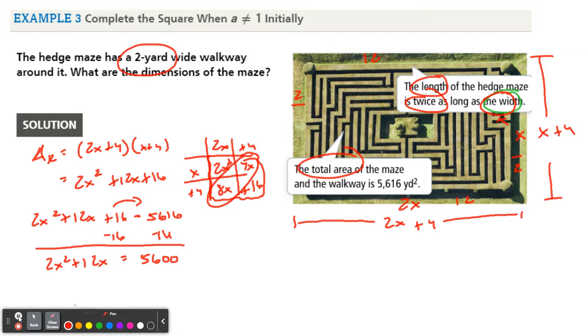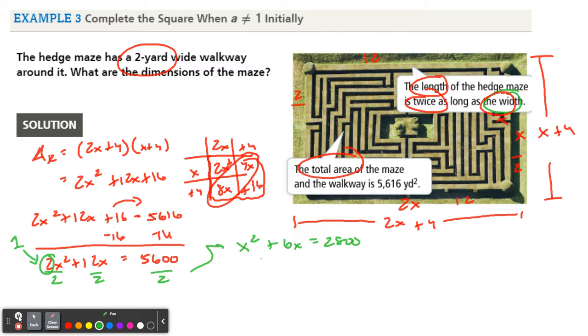And now, one of the things we did not encounter in the previous problems is the a value. This must be a 1. Okay, 2 is not 1. So you need to divide out this 2. Now, because we are solving, we can simply take everything and divide by 2. When you do that, you get x squared plus 6x equals 2800.